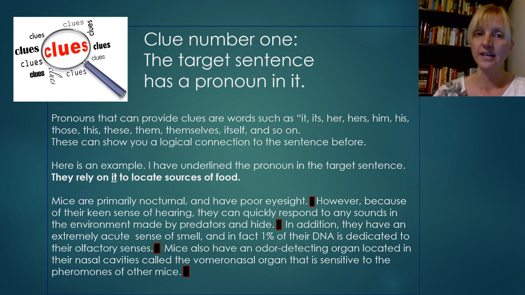The first clue is the target sentence has a pronoun in it. Now, pronouns can provide clues. These are words such as it, its, her, hers, him, his, those, this, these, them, themselves, itself, and so on. There are many pronouns in English. But the thing to know about a pronoun is they usually refer back to a word in the sentence before.